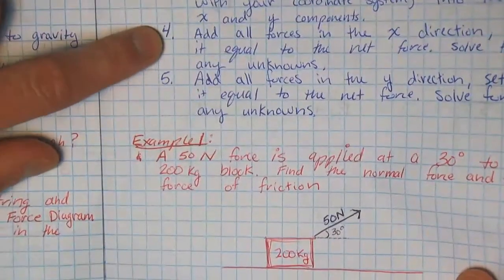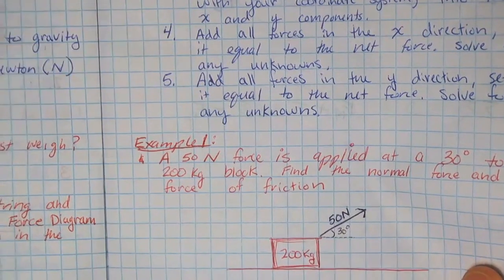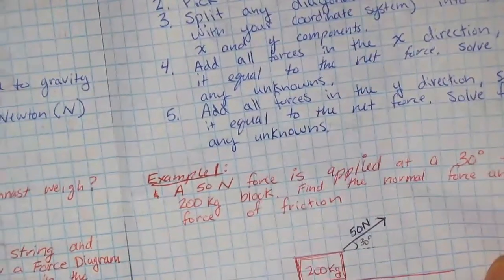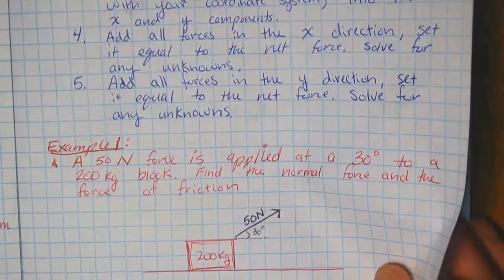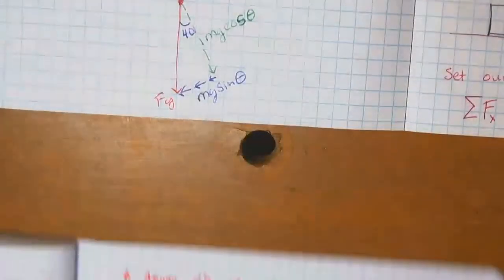We did that. And so now we're at step number four: add all the forces in the x direction and set it equal to the net force, which again, since we're assuming that it's not moving, our net force is 0. So we'll do that step.